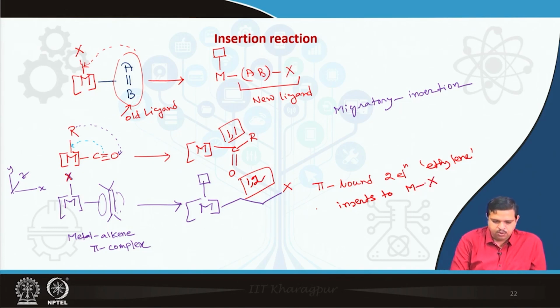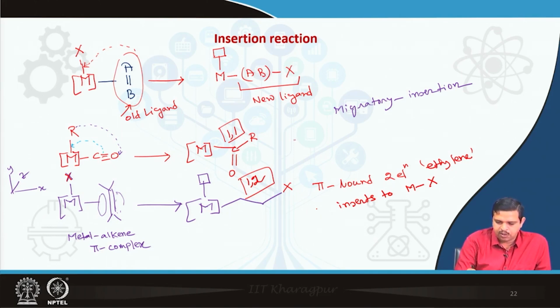Here, in the same way, this R is in most cases alkyl or hydride. So, the sigma electrons of this R are actually migrating to the CO pi bond.